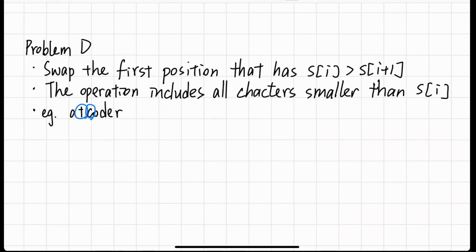And for example, in the string Atcoder, when we see that T is greater than C, we know that L can start from here, 1. And then afterwards, since all the characters in this range are smaller than T, R can go all the way till here.